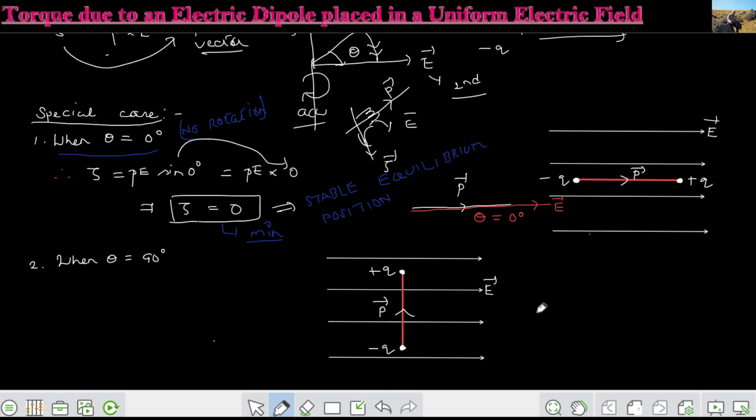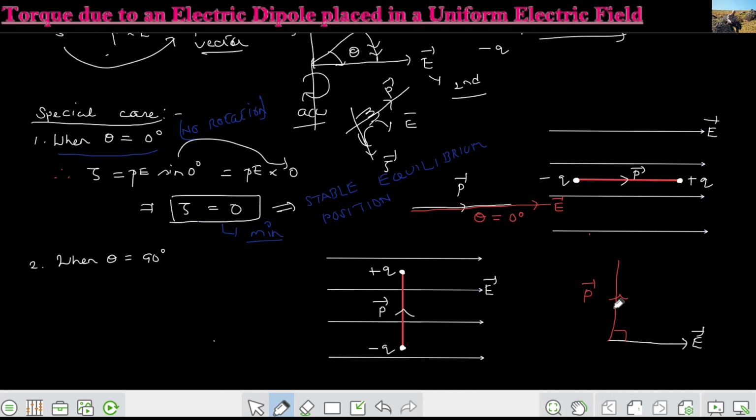So if we draw only the vectors, this will be your electric field vector, all these will be electric field vectors, and from here this will be your electric dipole moment vector. So from this case, it is very clear that the angle between these two will be 90 degrees.